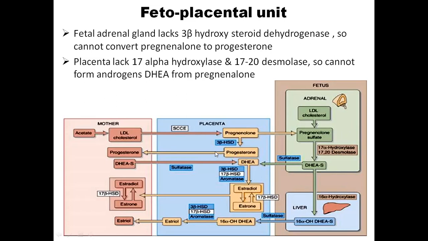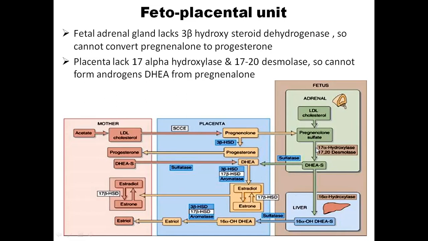So we find that enough estrogen is being produced, and this level of estriol is often checked to see the fetal health. If estriol is not produced in adequate amount, we know that the fetal health is not adequately maintained. And similarly, enough progesterone is formed, because that is very, very important.